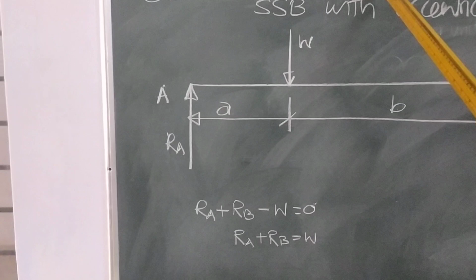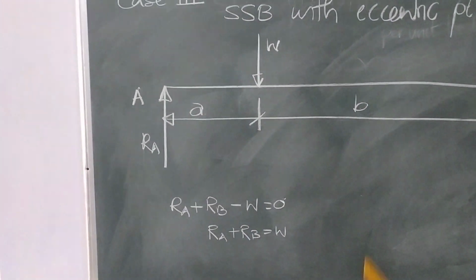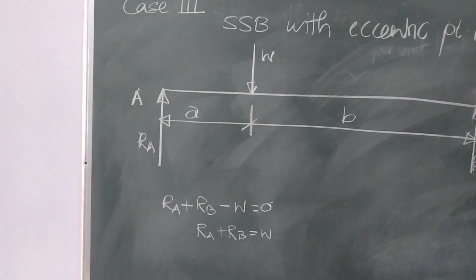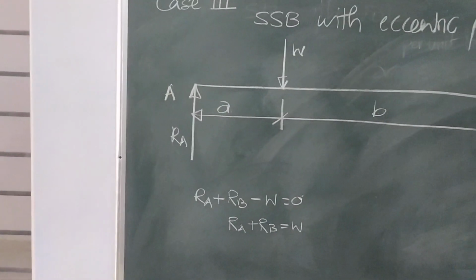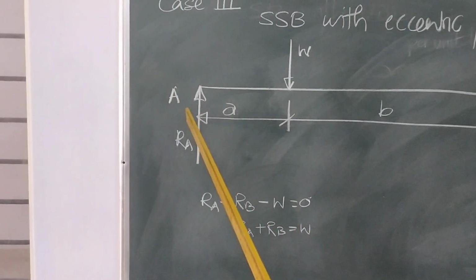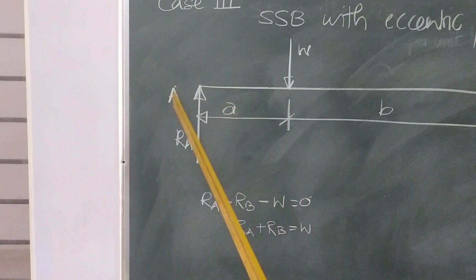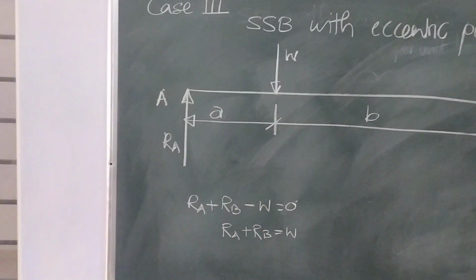It is not applied at exactly the center of the beam, but somewhere between A and B. So it is eccentric with a distance small a from point A and small b from point B.